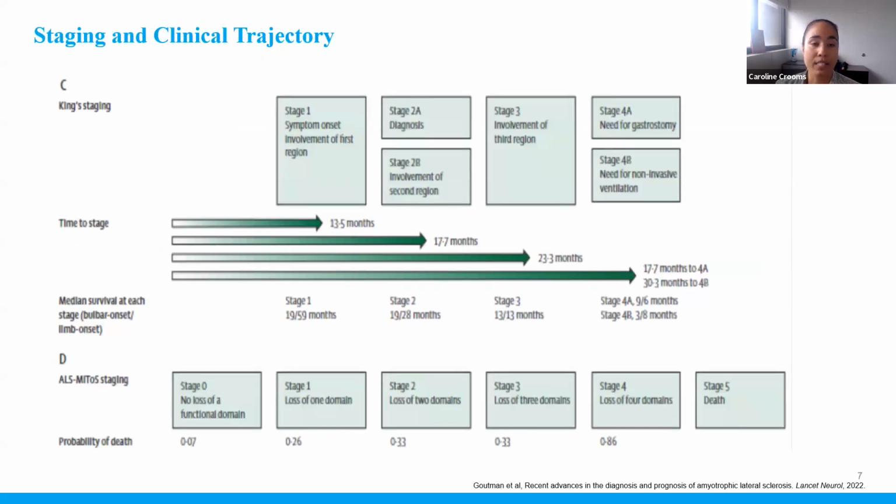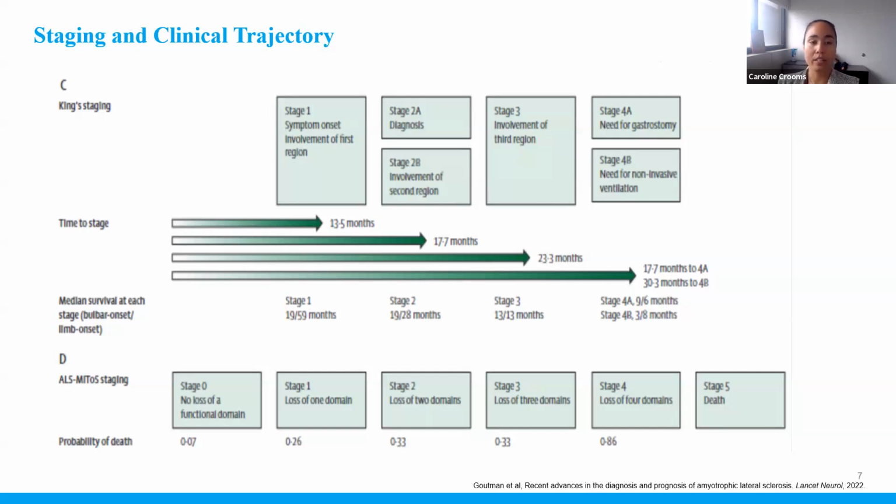In terms of staging and clinical trajectory, there are a number of different ways to stage ALS, but just to give you a sense of the overall clinical trajectory, at the top we have King's staging. So you can see the boxes talk about clinically what's going on with the patient, and then the arrows show the average time to each milestone.